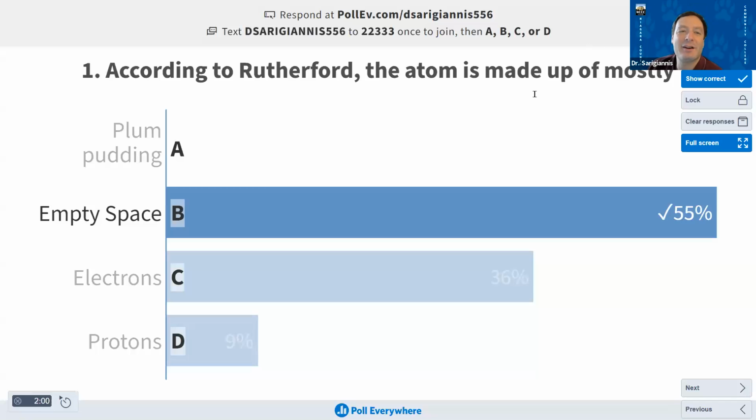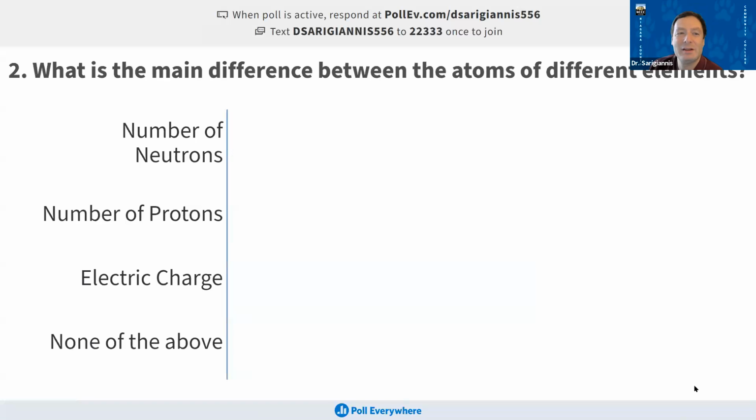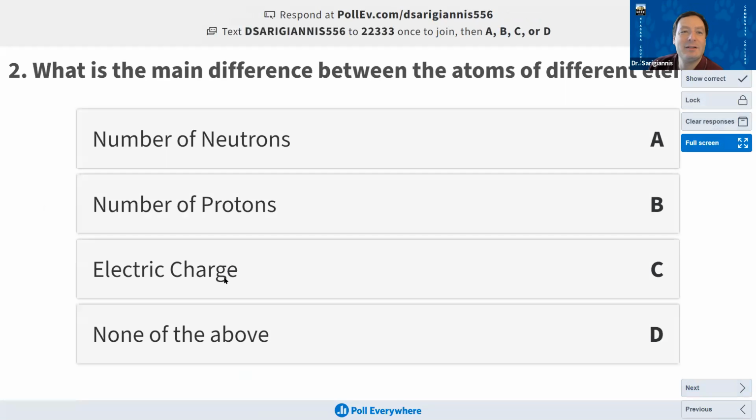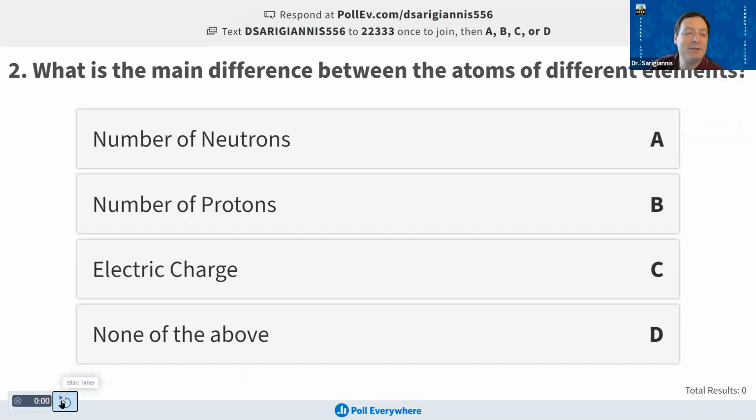All right, the next question. What's the main difference between the atoms of different elements? So I have to type in a time on each one of these. This should be a relatively straightforward one.